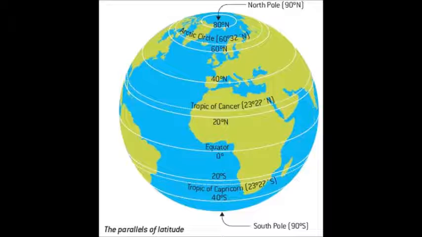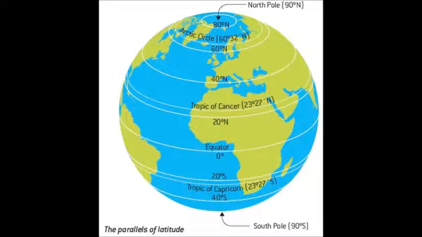In the same way, when you come below the equator, that is the direction of south, you can see that these lines are depicted by 15 degrees south, 30 degrees south, 45 degrees south, and so on.